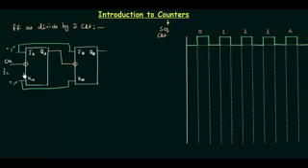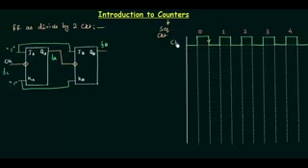So let's see how this circuit works, and I will say the frequency here as FA and the frequency here as FB. Now I have made the clock here and we have to analyze what's going on depending upon the change of the clock, and as it is a negative edge triggered flip-flop, all the changes will occur on the falling edge when the clock is going from high to low.